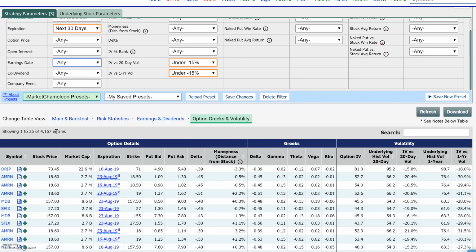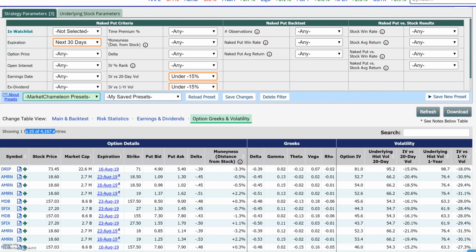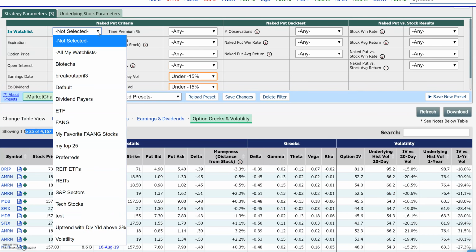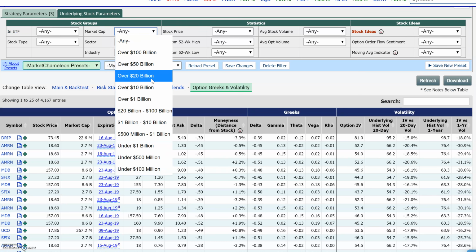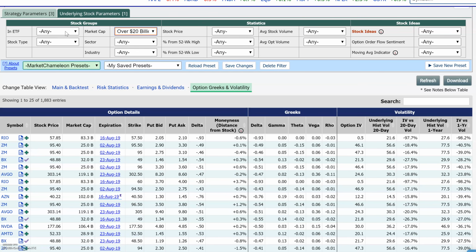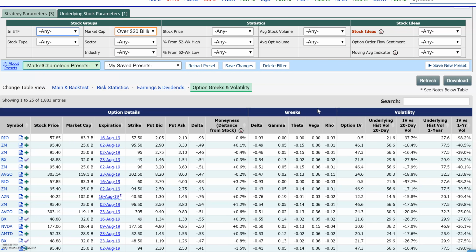So I released that. So we see that there's 4,000 entries here. You could narrow it down further by just stocks in your watch list if you want to do that. Also, if you want to do by market cap, sector, stocks in a certain ETF, you could choose that. And any of these technical indicators, near 52-week high or low.